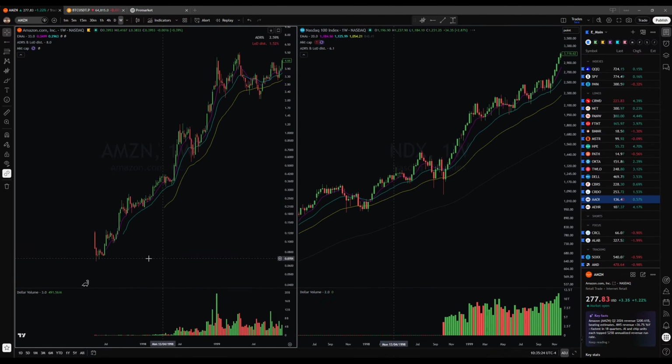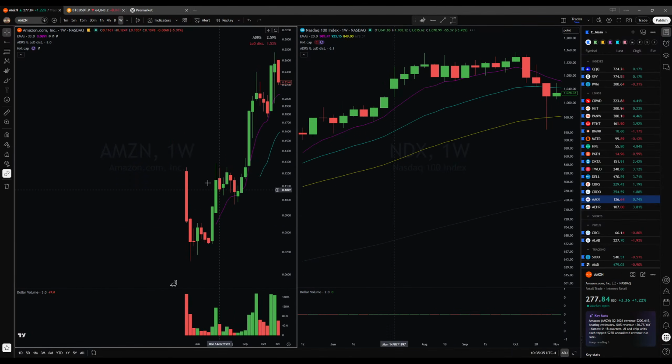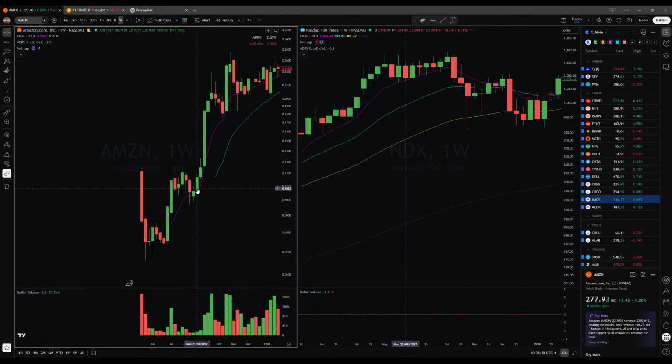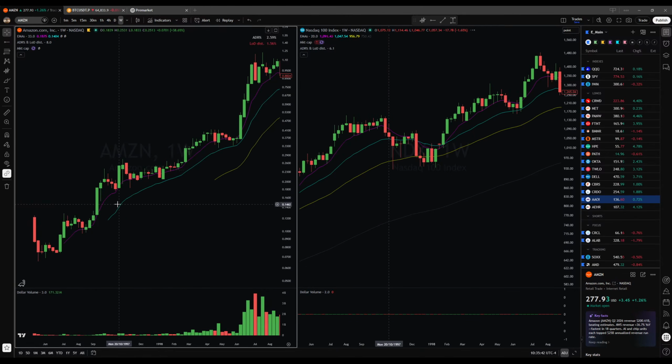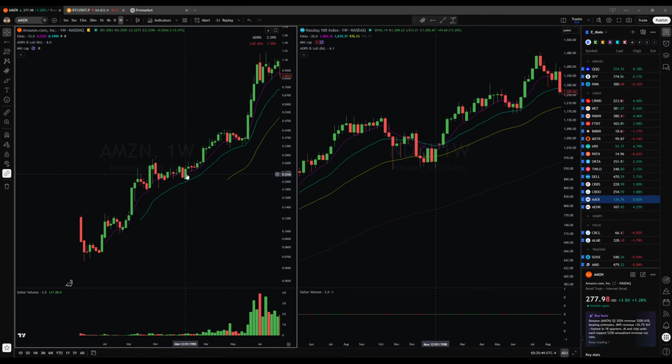Amazon had its IPO in 1997, and after this IPO, a cup with handle base and then a clean breakout, and it's serving the weekly 9 pretty well.